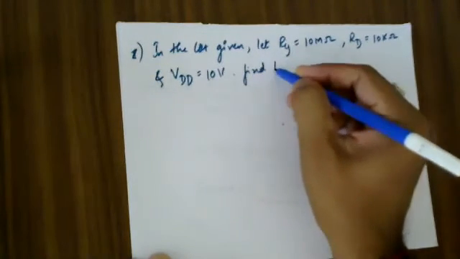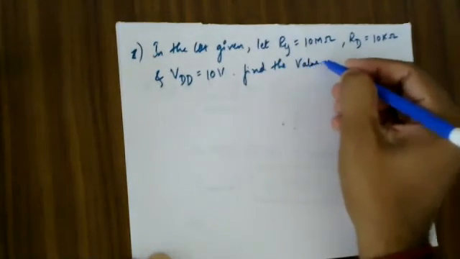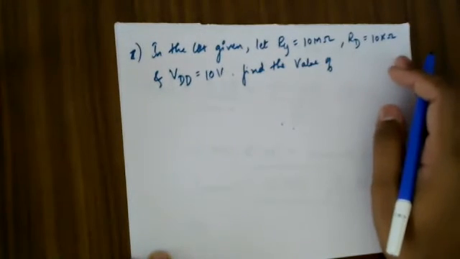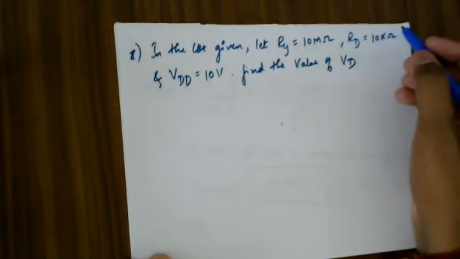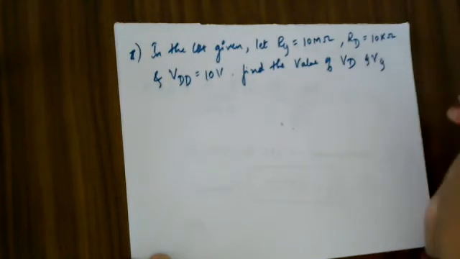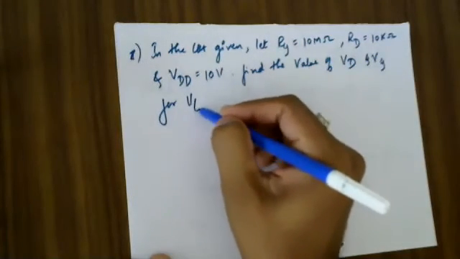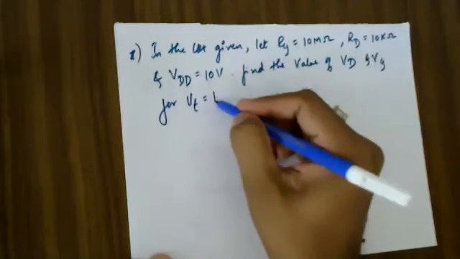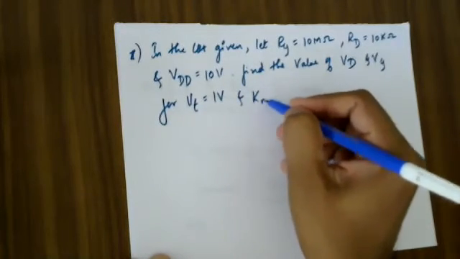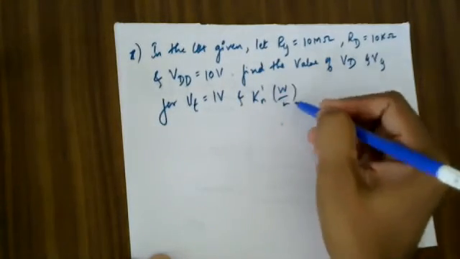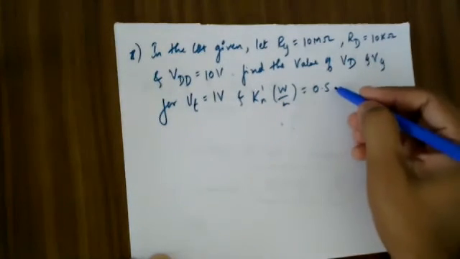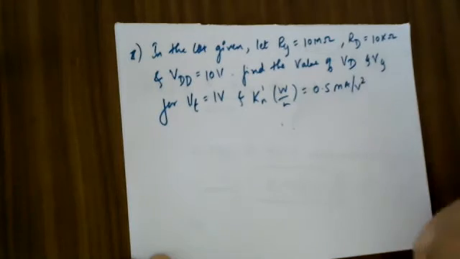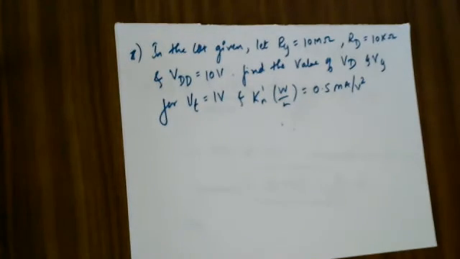Find the value of VD and VG for VT equal to 1 volt and Tn dash into W by L equal to 0.5 milliamps per volt square. Clear?